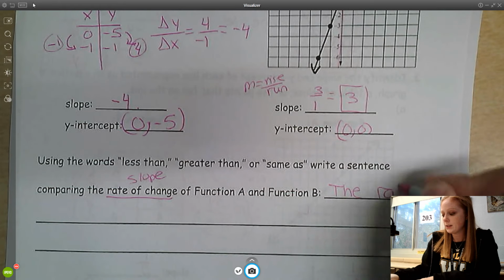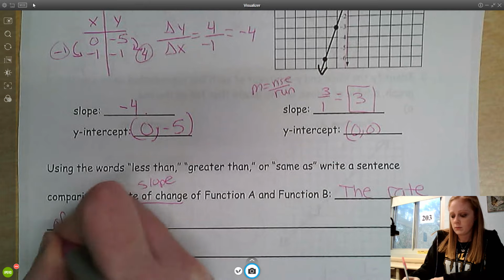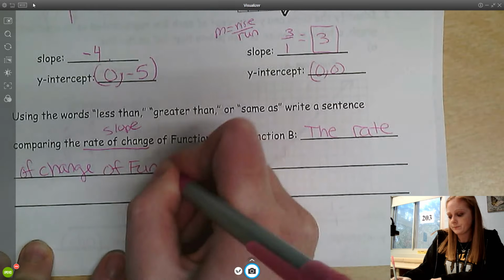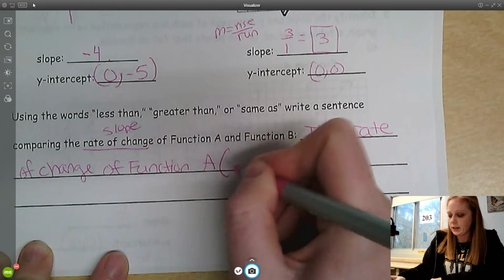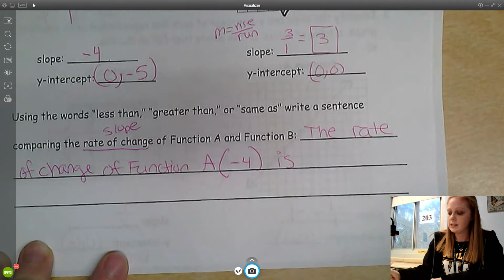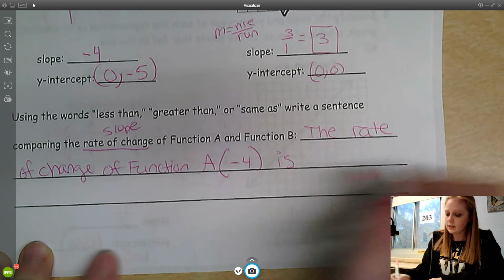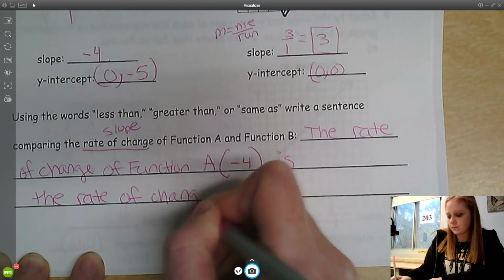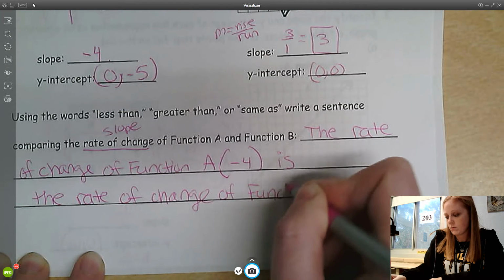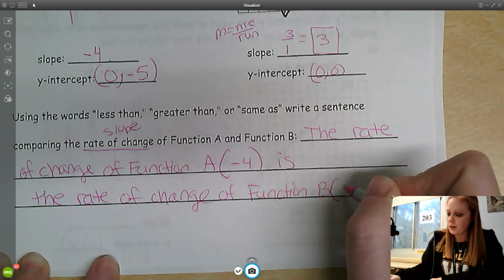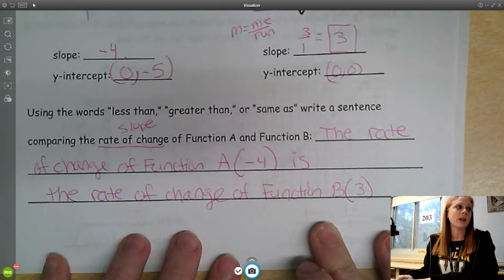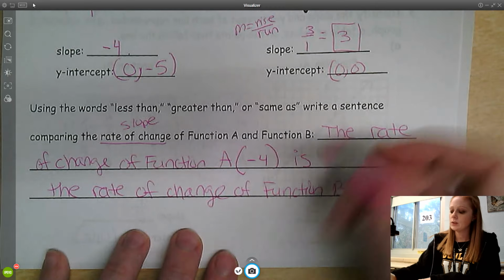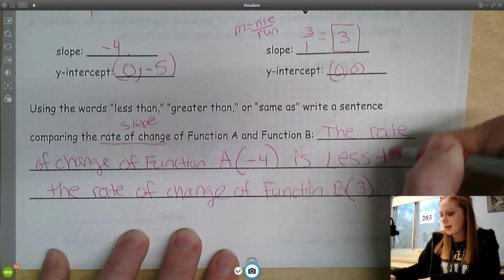I'm going to start off my sentence by saying the rate of change of function A, which is -4, is blank the rate of change of function B, which is 3. Okay, now I have to fill in the blank. The rate of change of A is, well, let's see, -4 is smaller than 3, so -4 is less than. So this one is less than.